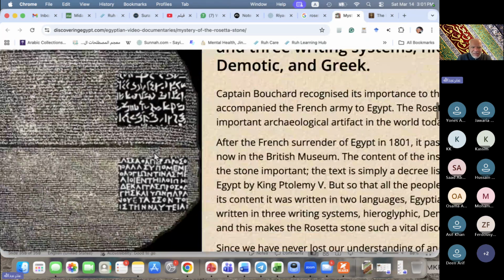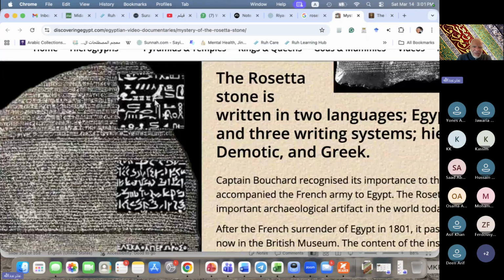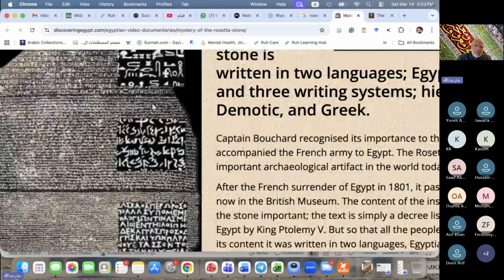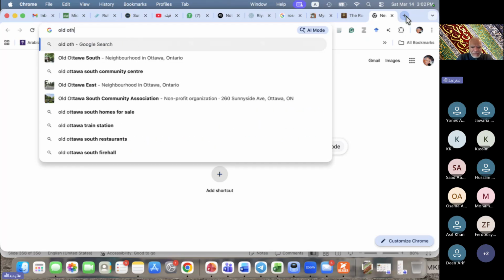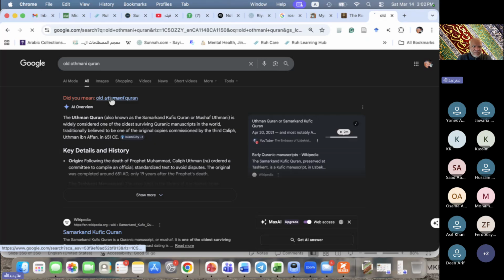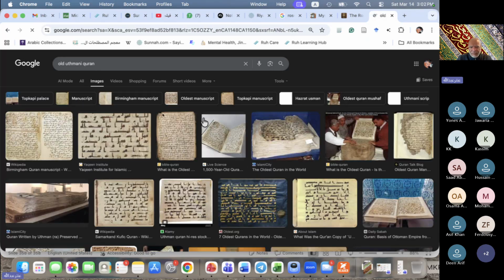So look here. This is the ancient Egyptian, fully iconographic. This is Greek. In the middle, it has a big change into symbols. And most of these symbols look like what we have in the old Masahif by Sayyidina Uthman ibn Affan. So the old Uthmani Quran, you will have something like this.